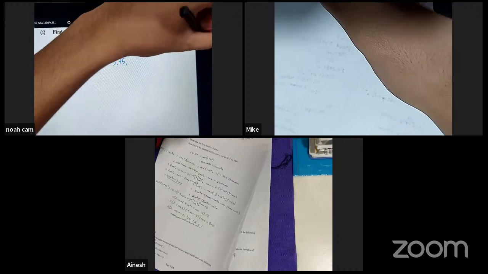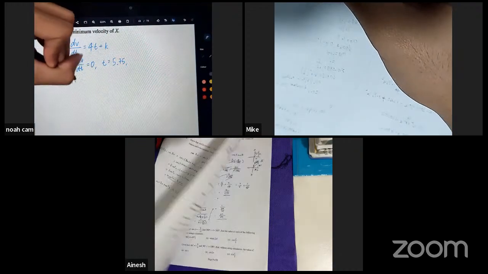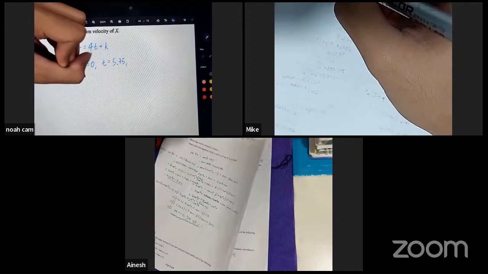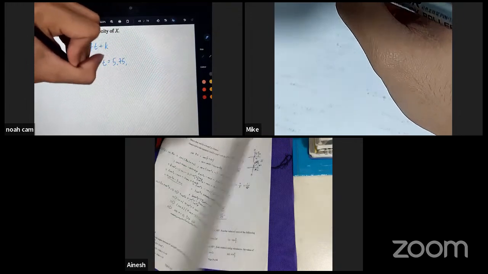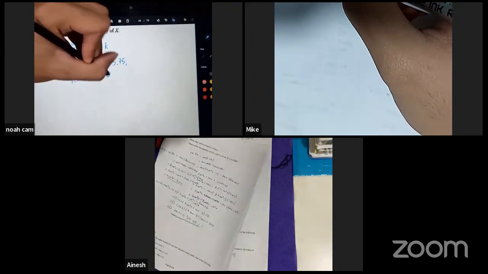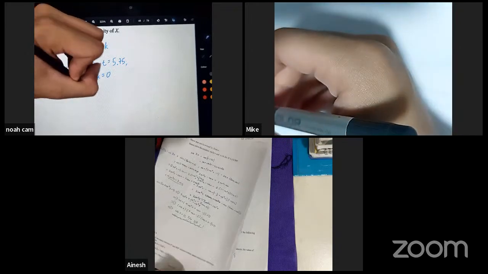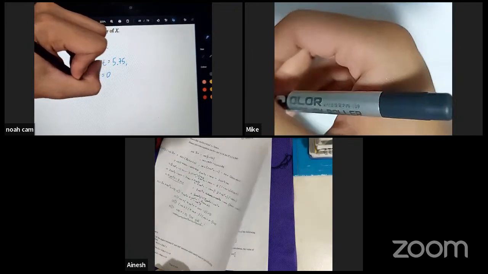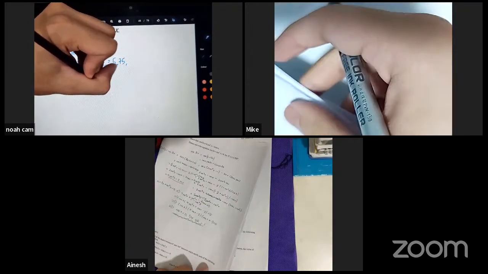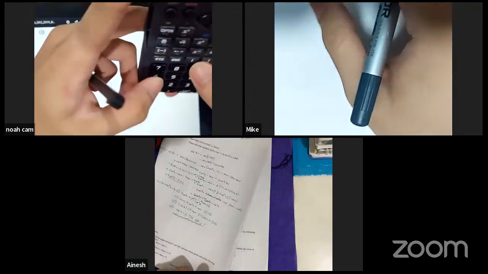Press a calculator or do whatever you want. Please tell me what we are supposed to do for this. So y is equal to 0, then the regular cosine y equals 0 thing. Come on, handle the quadratic. What are we supposed to do here? Factorize it. Yes, press calculator, please, quickly.